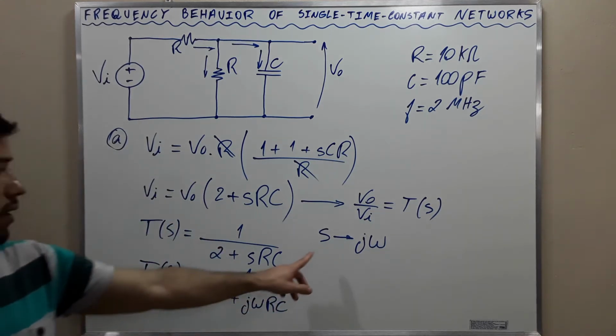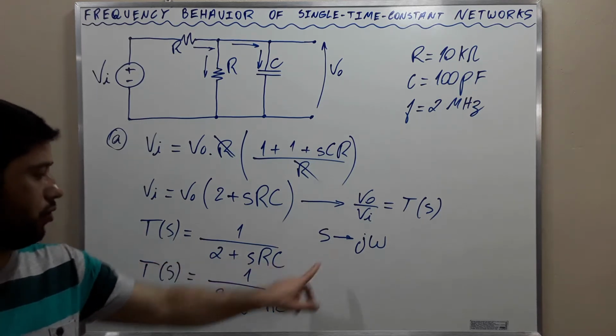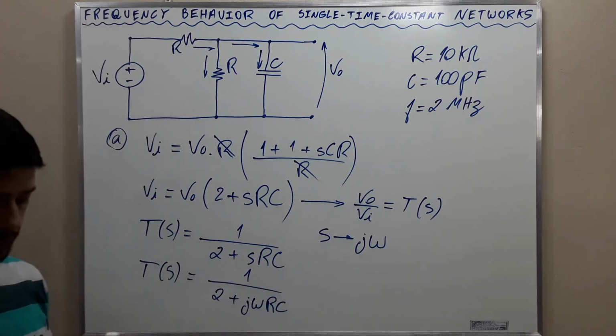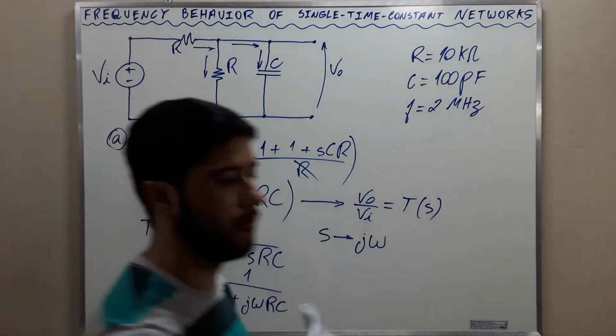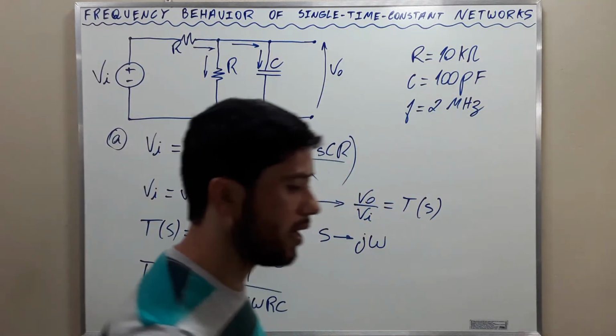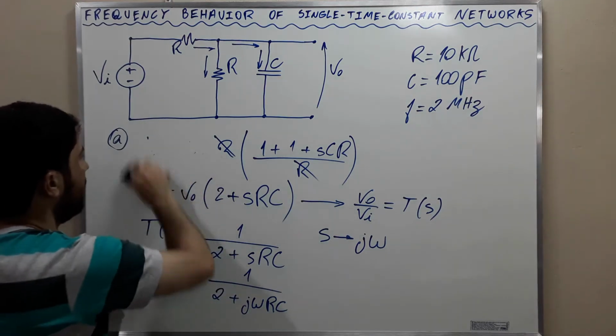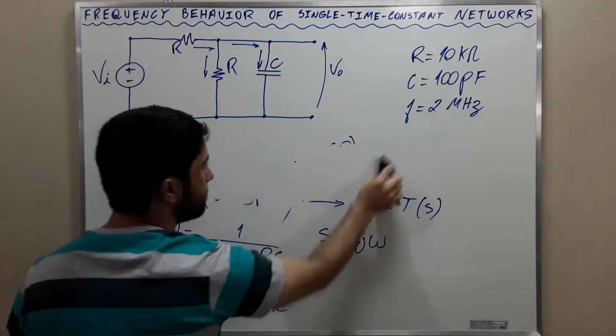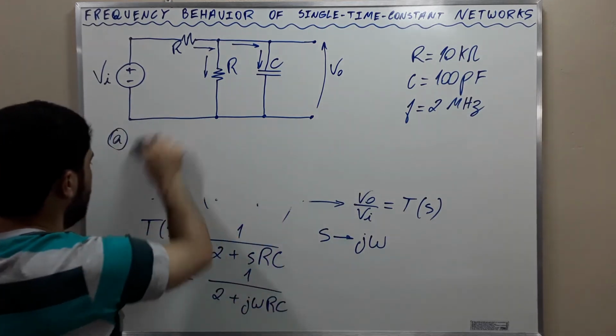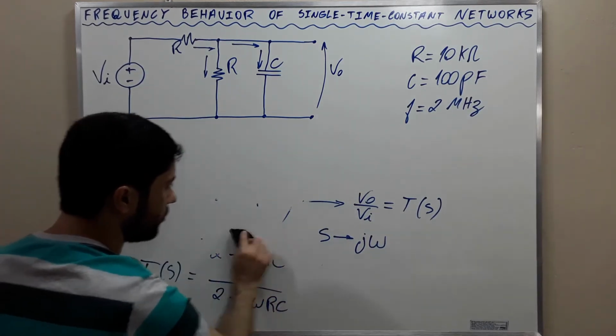Alright? Instead of writing S, we wrote JW. Okay. We are almost at the final expression of the transmission. I'm going to erase it here again, so you guys can fully comprehend what I'm doing.